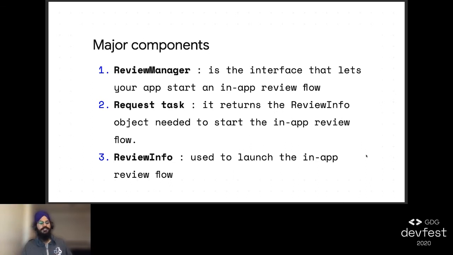It returns us the task which gives us the review info object. And the review info object is the last major component of this API, which is used to launch the in-app review flow.